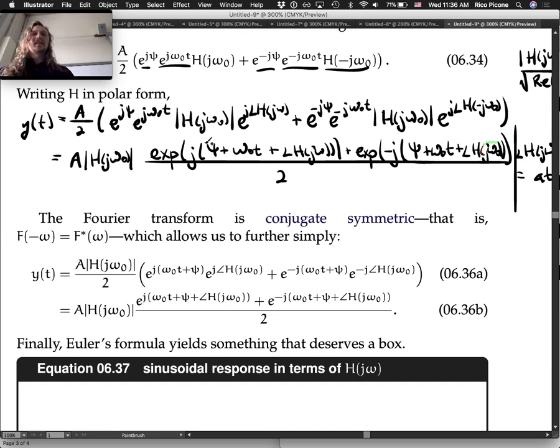We notice that this phase right here, I'm drawing the line above it, this phase and this phase are the same. These are e to the j that phase and e to the minus j that phase. This might ring a bell, an Euler's formula bell.